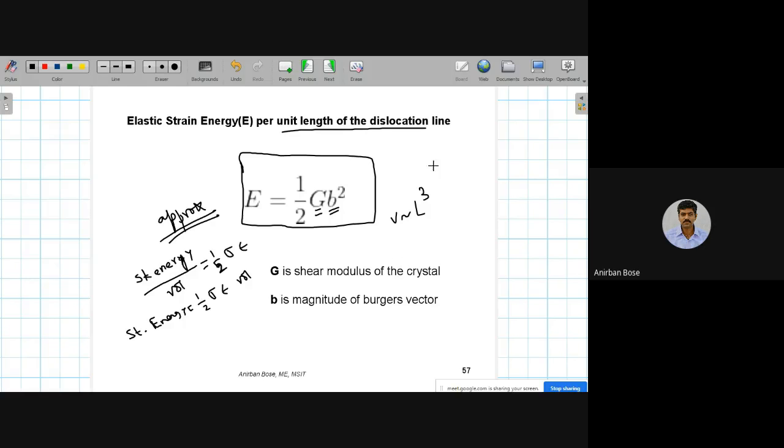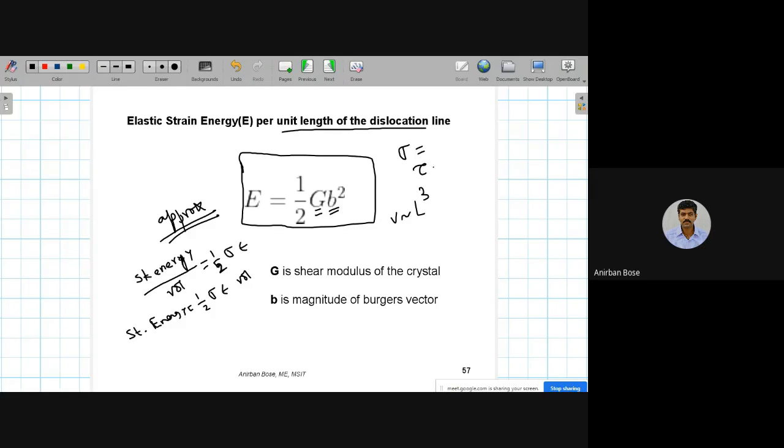You already know that within the elastic limit, stress and strain are related by Hooke's law. So stress is equal to some modulus of elasticity multiplied by strain. In case of normal stress, it is the Young's modulus. If it is a shear stress, it is the shear modulus. So basically this expression is expressed in terms of shear modulus.